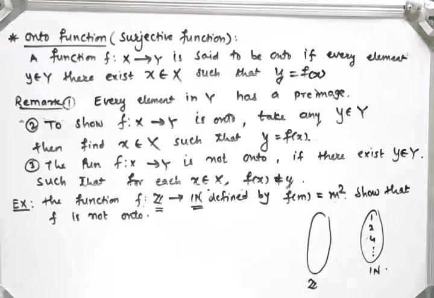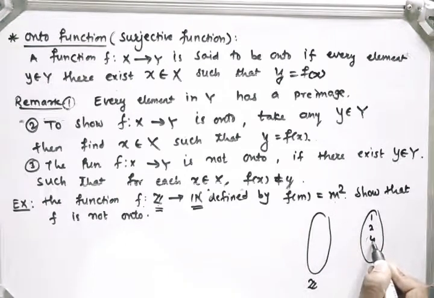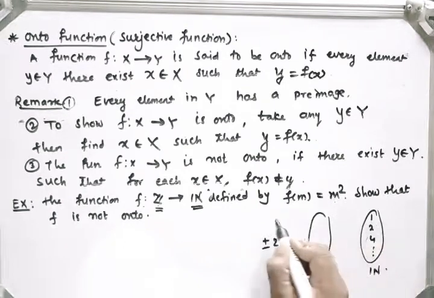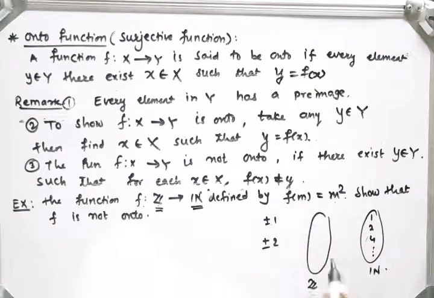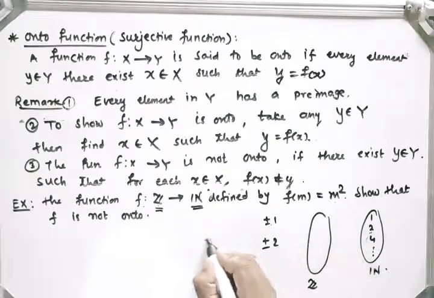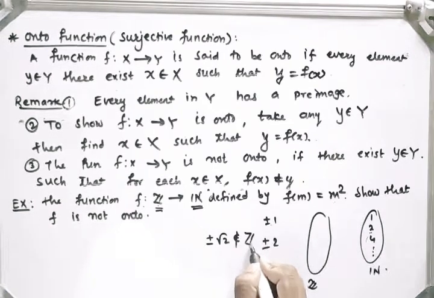So here 1 has square root plus minus 1, 4 has square root plus minus 2. Plus minus 1 belongs to the set of integers, and plus minus 2 also belongs to the set of integers. But I have the number 2 whose pre-image is plus minus square root 2, which does not belong to the set of integers.